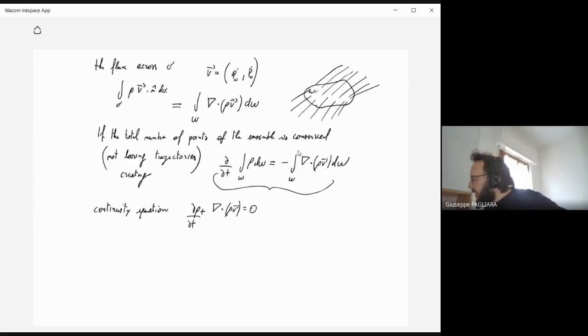Now let's work out this equation a little bit as follows.